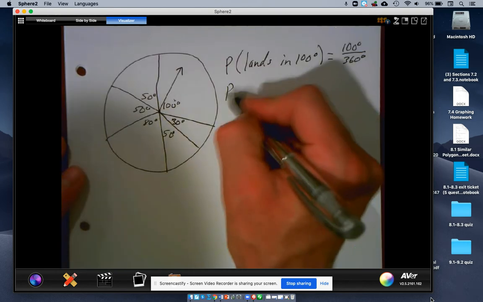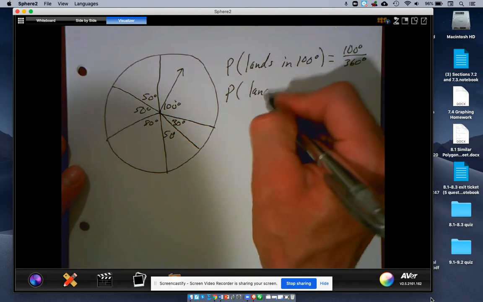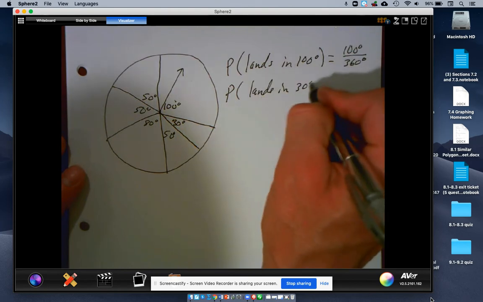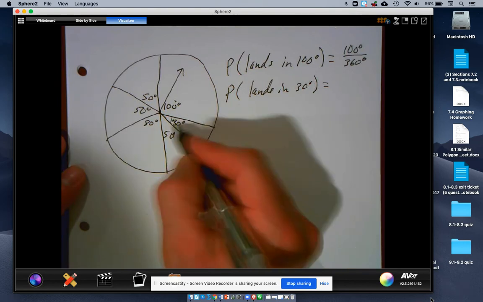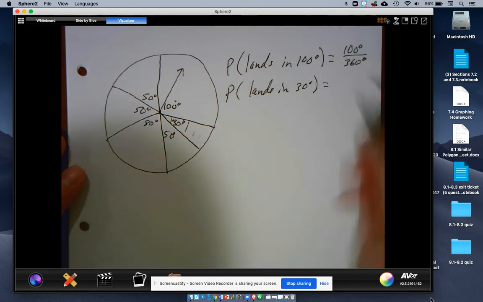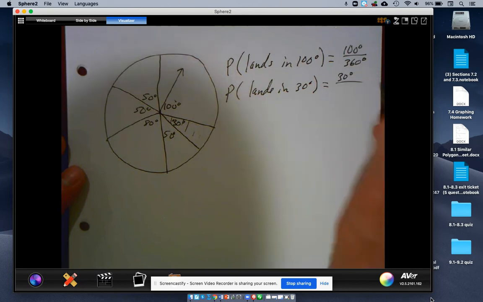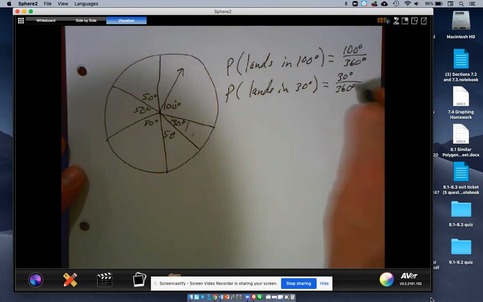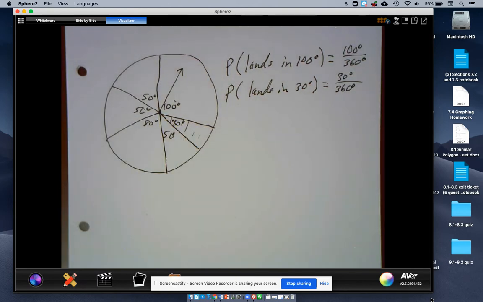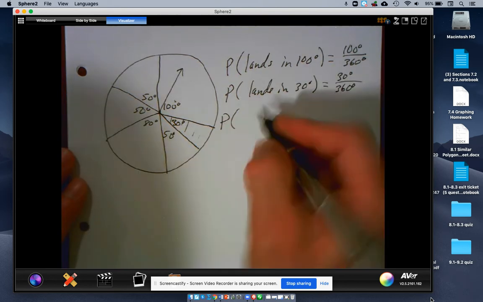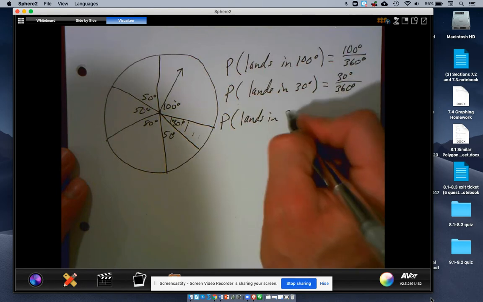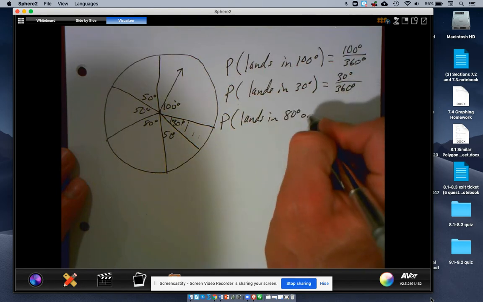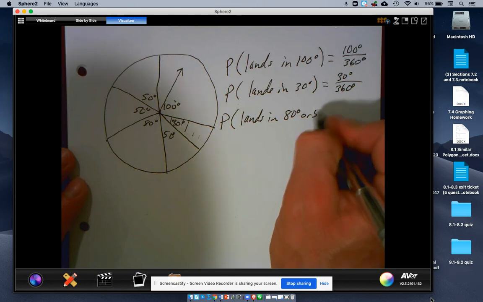Let's try another one. Probability that it lands in 30 degrees, in that 30-degree window right here. We're looking to see if it'll land in there. Well, I have 30 degrees of success out of the total 360 degrees. Notice how the bottom with these angles is always going to be 360. Let's do another one. Probability that it lands in 80 degrees or 50 degrees.